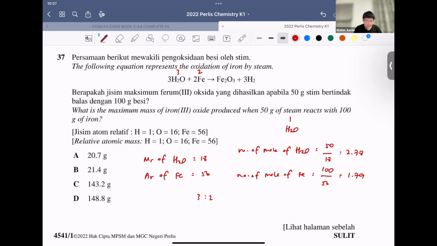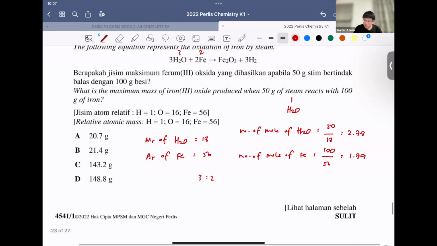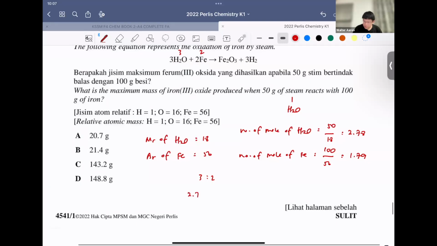So that'll be 1.85. Okay, so one more time. Supposedly in terms of 2.78, if you were to divide by 3 times 2 to get the ratio, you will technically need 1.853. So the question now is, do we have 1.853 more? No, we don't have. Why? Because the only amount we have is actually 1.79. So that tells you that water is actually in excess.